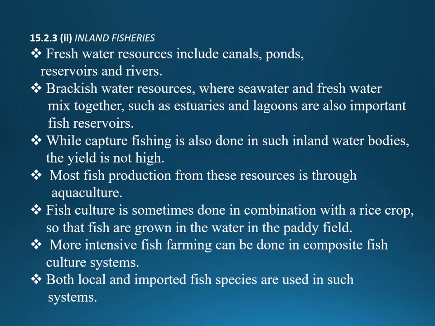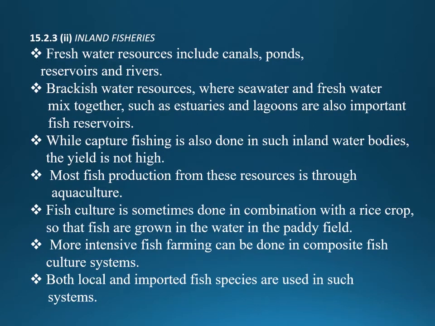Brackish water resources are where sea water and fresh water mix together, such as estuaries and lagoons. They are also important fish reservoirs. Generally, wherever a little water stands, small fish appear.